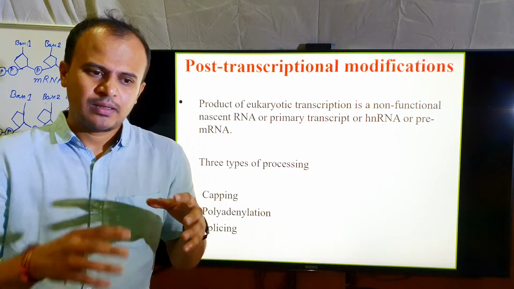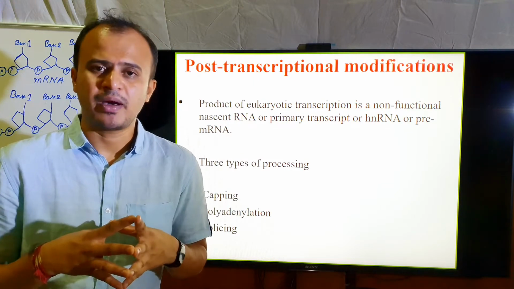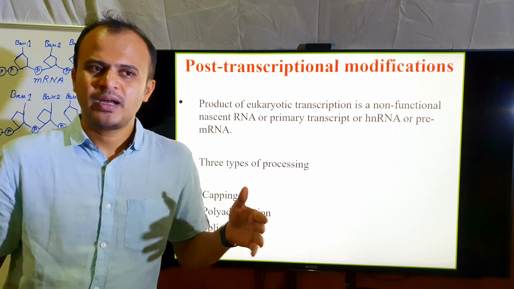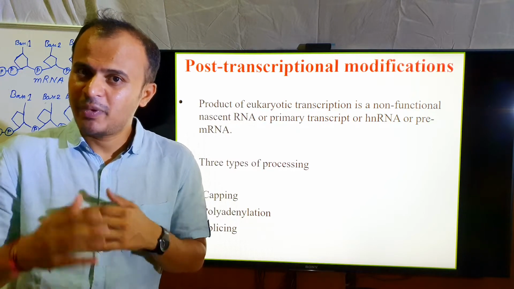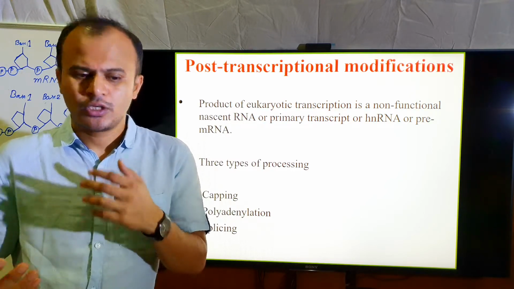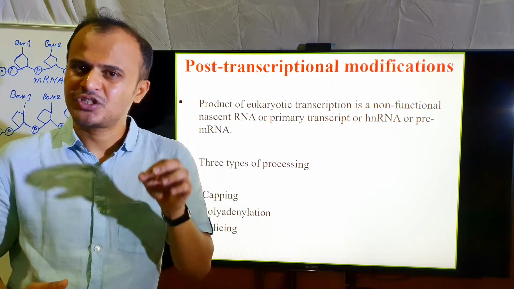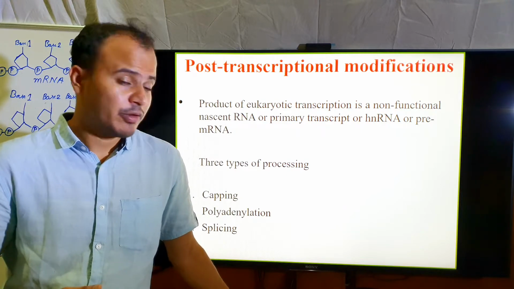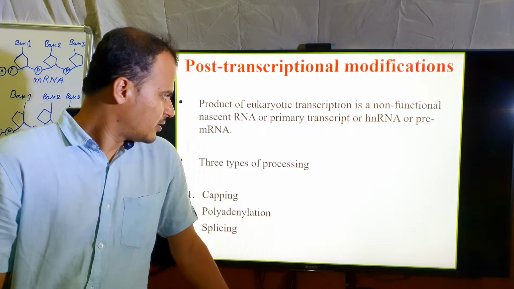Generally the mRNA that is produced is huge and it needs to be processed inside the nucleus before it is translated. So you should always remember post-transcriptional modifications take place in the nucleus before they are transported out of it.